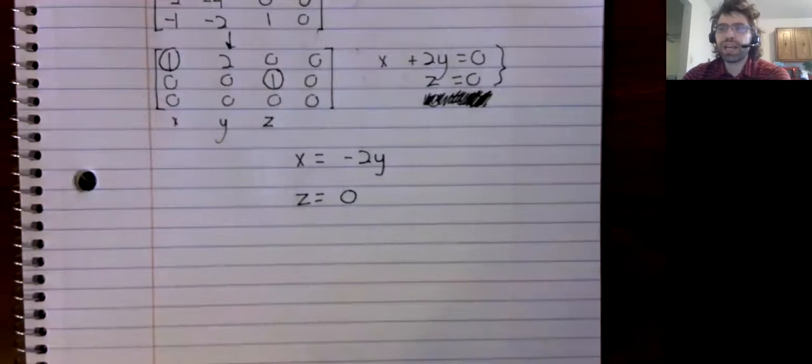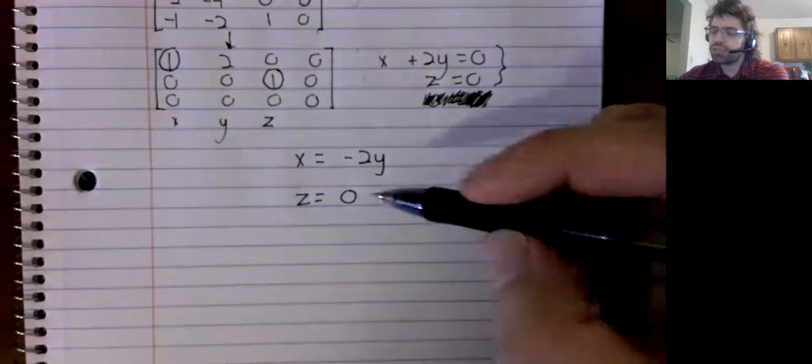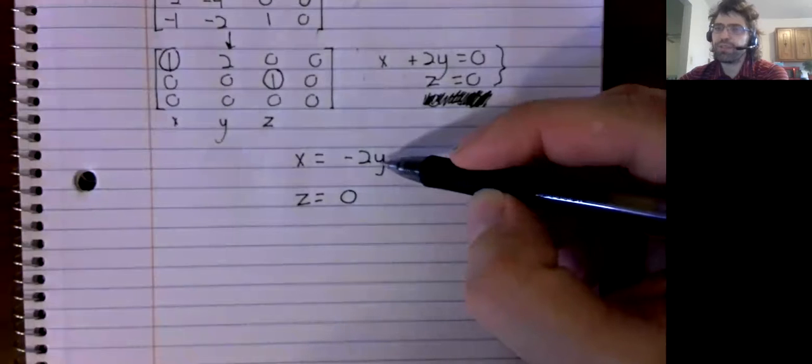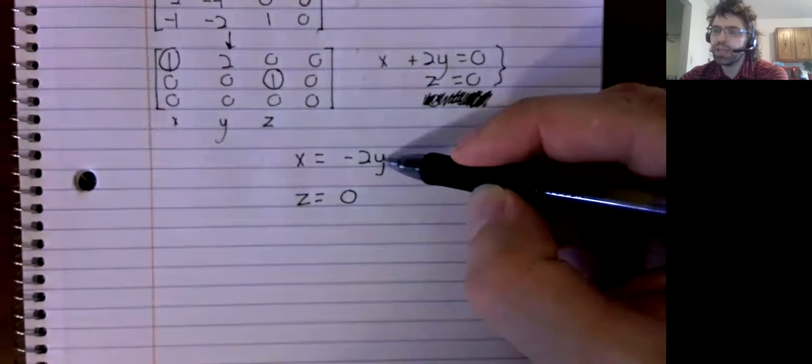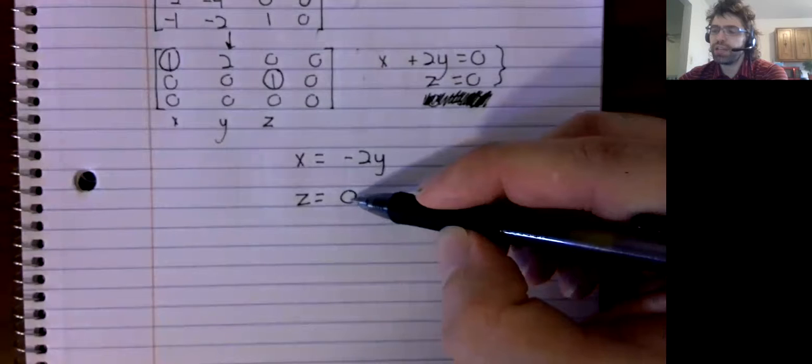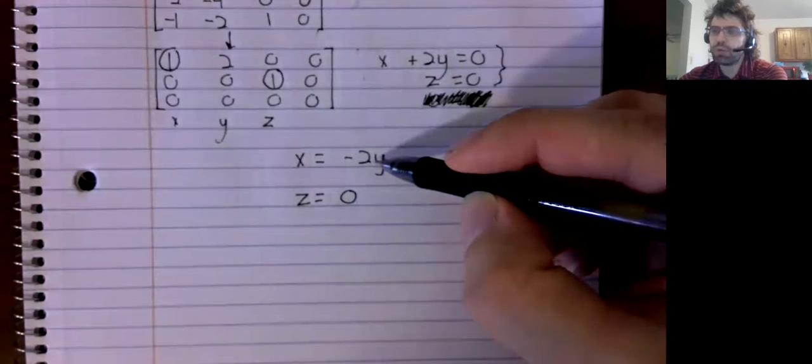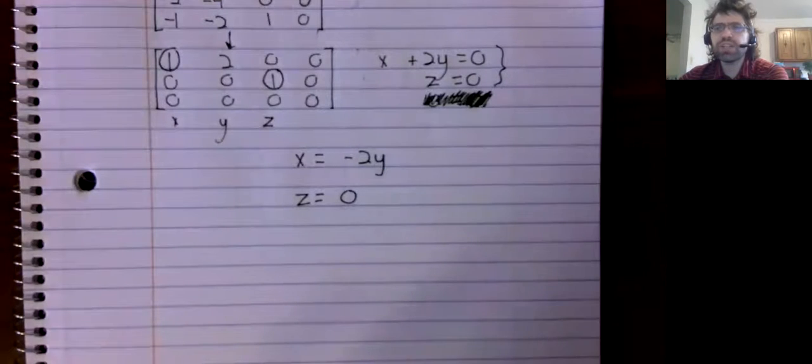Before we do that, let's get this free variable y to appear in this equation as well as this equation. We'd like the free variable to appear in all of the equations.